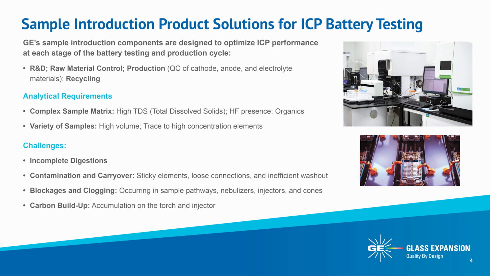These factors require specific adjustments to the sample introduction system. Organic materials can interfere with digestion and ICP analysis, while HF can affect system stability and plasma performance. These complexities can lead to issues like interrupted runs, signal drift, clogged nebulizers, and a reduced torch lifespan.